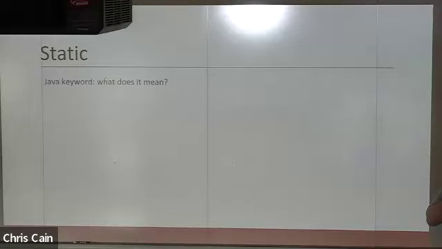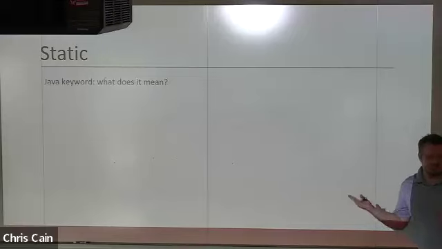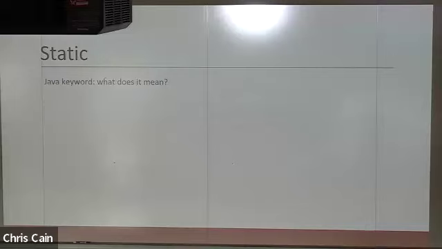When it doesn't have a return statement. Not always. Void is usually what we use for lack of return statements, but static is often paired with void, at least in a main method in Java. We have public static void main. What does that static mean in a main method?